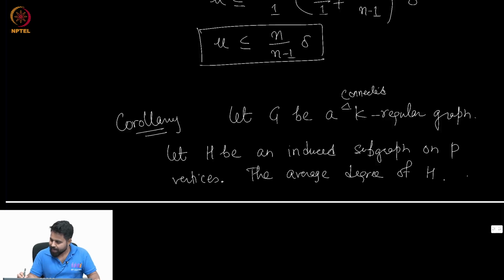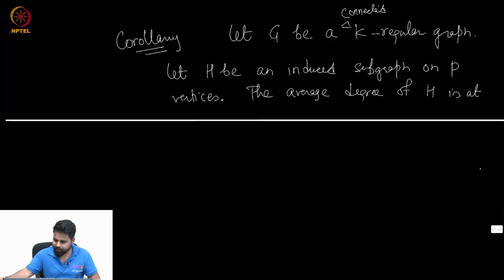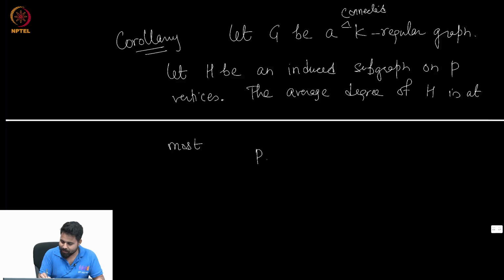It is at most P times mu divided by n, plus K minus mu.